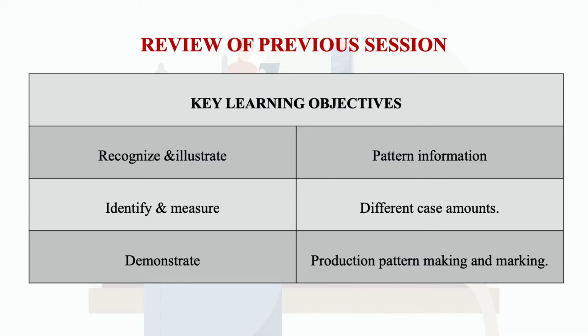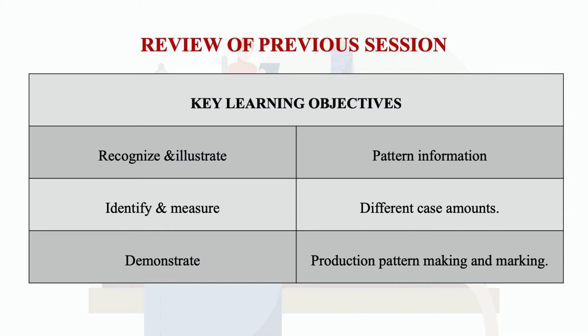Now let us look at the key learning objectives of this topic, pattern information and marking. When you go through this unit, you can recognize and illustrate pattern information, and understand why it is very important when you are in the designing field.